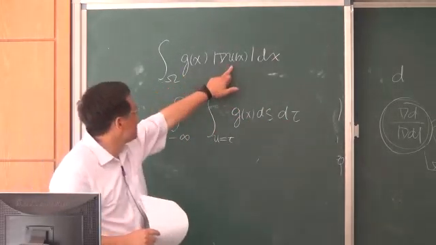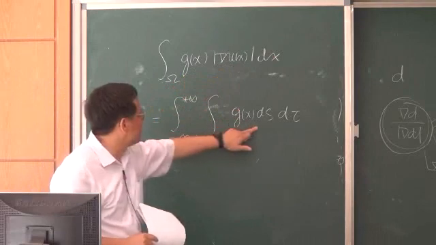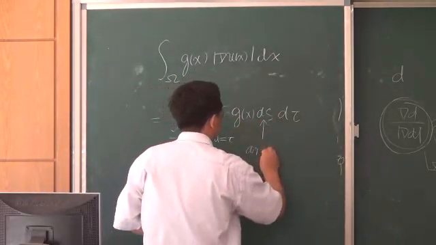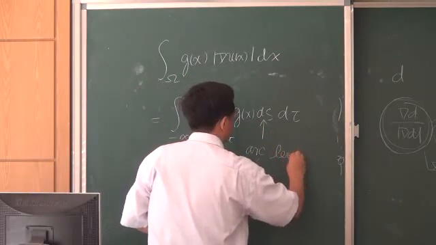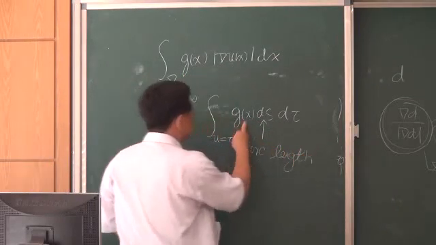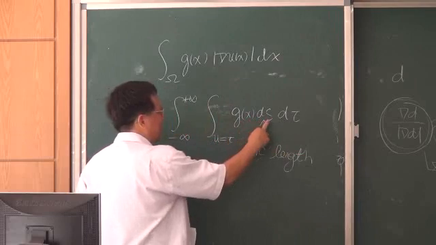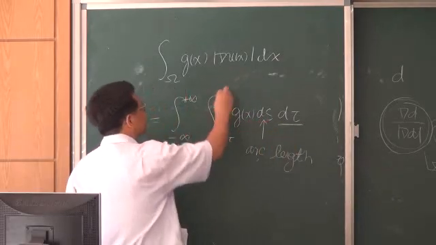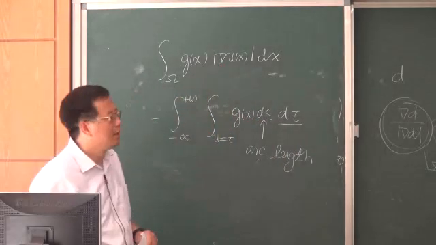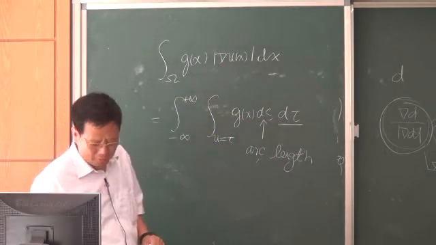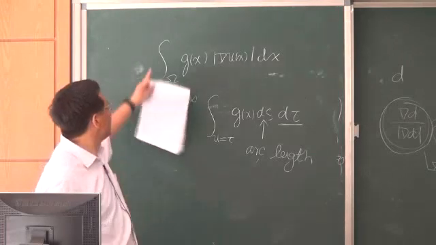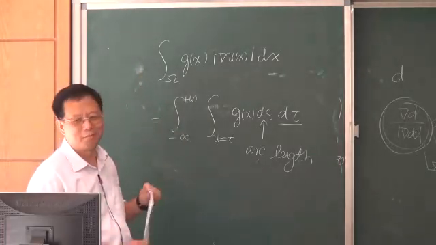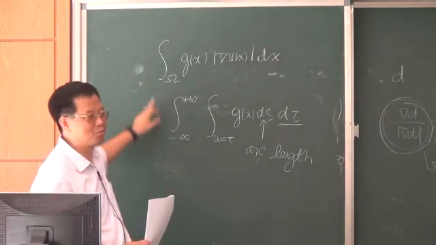If you integrate this one, it is the integration of this one with the arc length. So you integrate over the arc length for all the levels, and then integrate over the levels, and this is equal to this one. In fact, I got it from Wikipedia. You just Google search Wikipedia co-area formula, you will get this one.